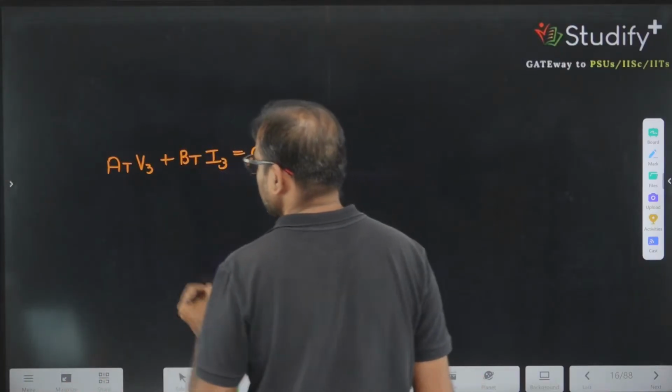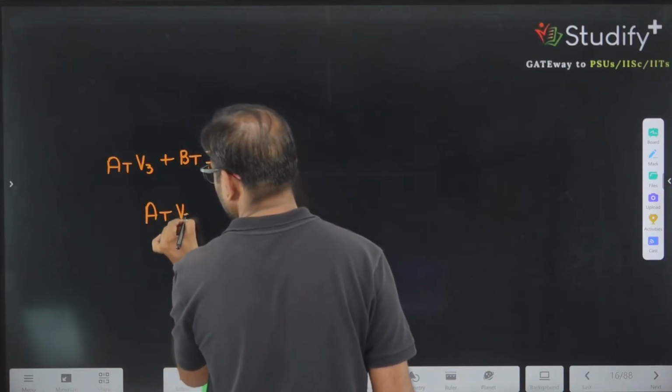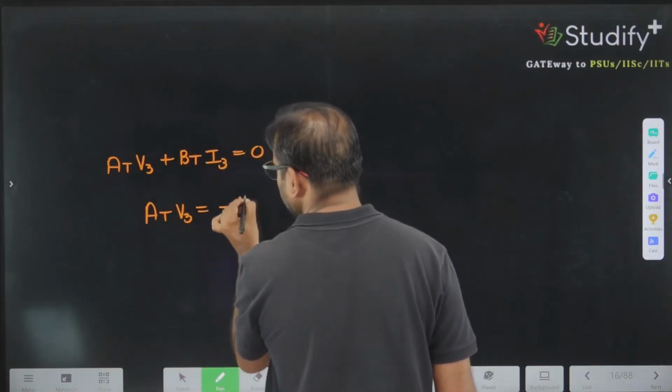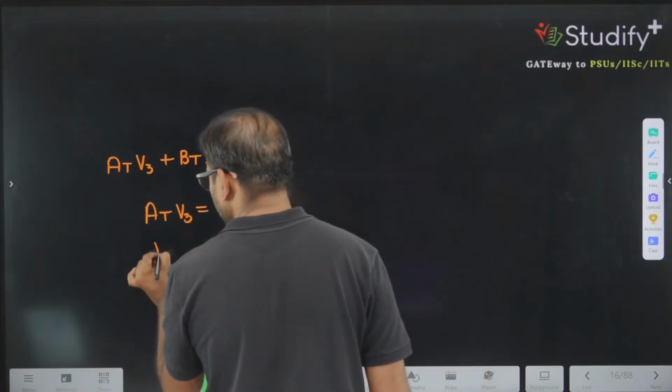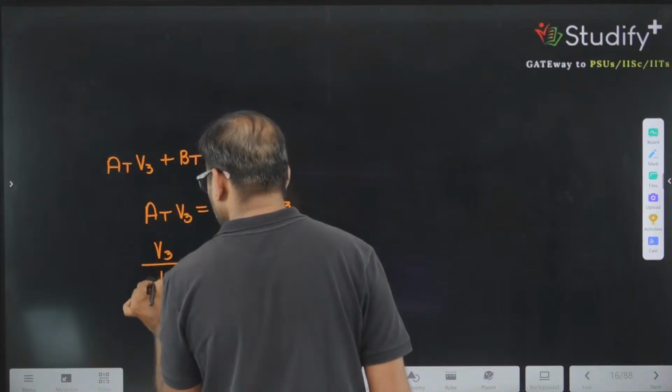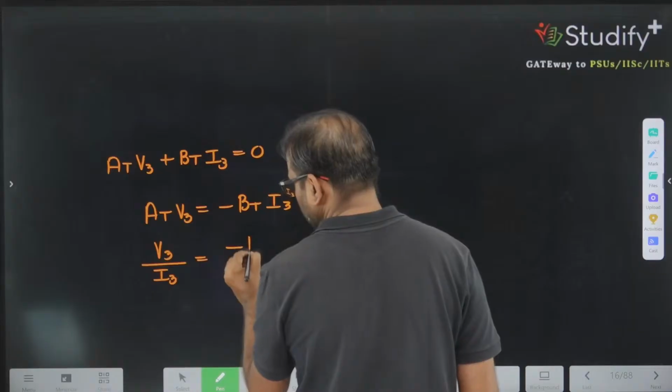So AT into V3 can be represented as minus BT into I3. So the V3 divided by I3 ratio is equivalent to minus BT divided by AT.